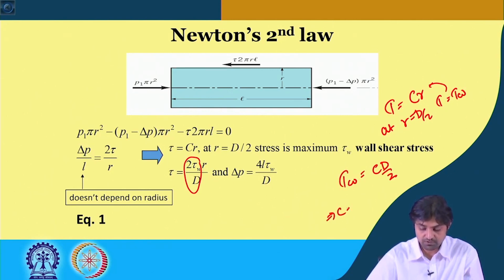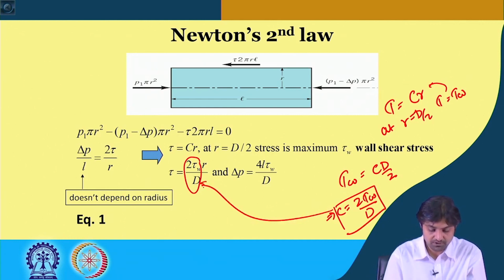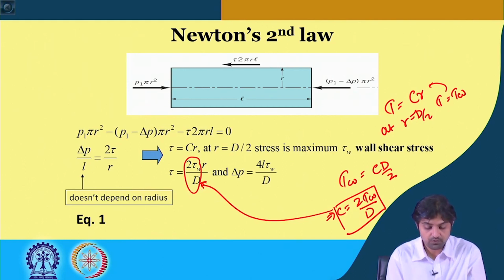All right, so C becomes 2 tau w by D, and this is what has been substituted here. All right. So we get tau as a function of the wall shear stress, 2 tau w by D into r. So now we have obtained tau in terms of wall shear stress.